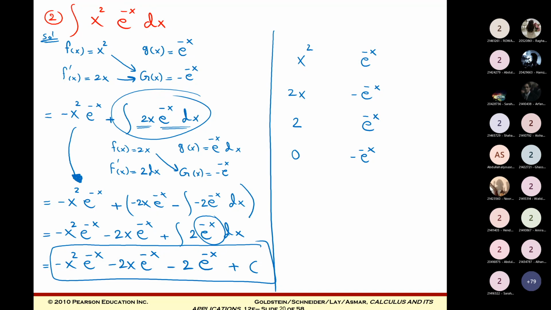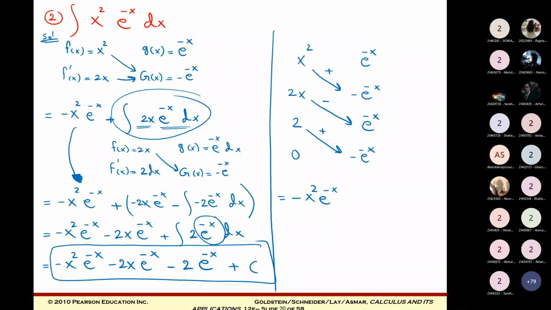Now multiply first with the second, second with the third, third with the fourth, and put positive, negative, positive. The result equals multiplying x squared with negative e to the power minus x, which equals minus x squared e to the power minus x.